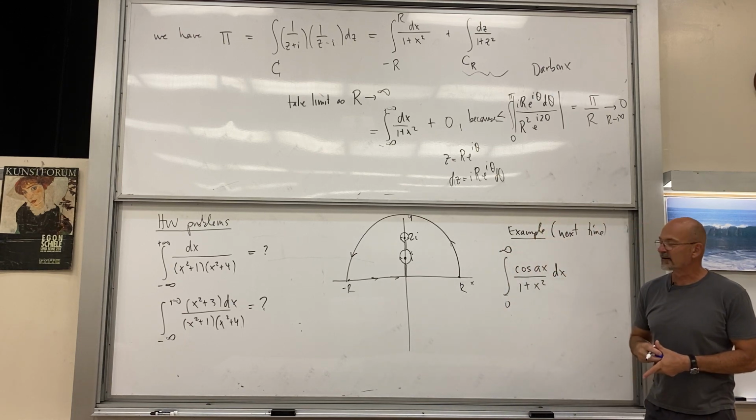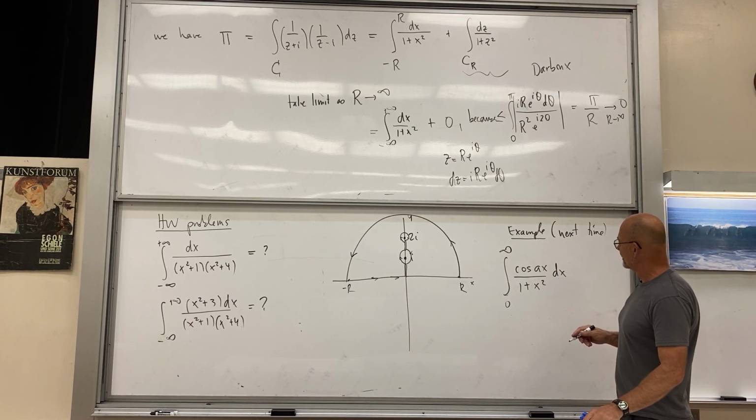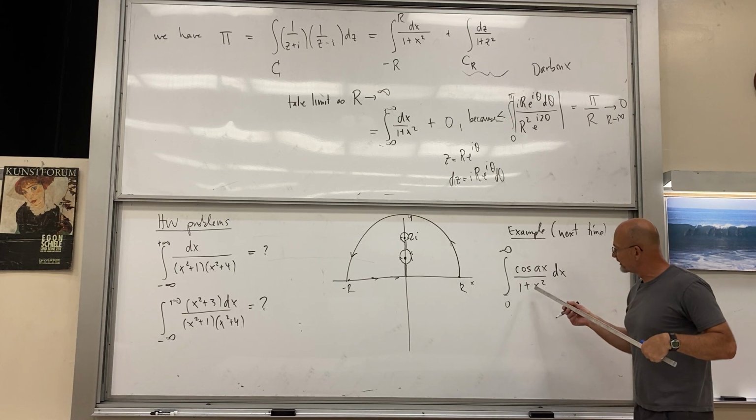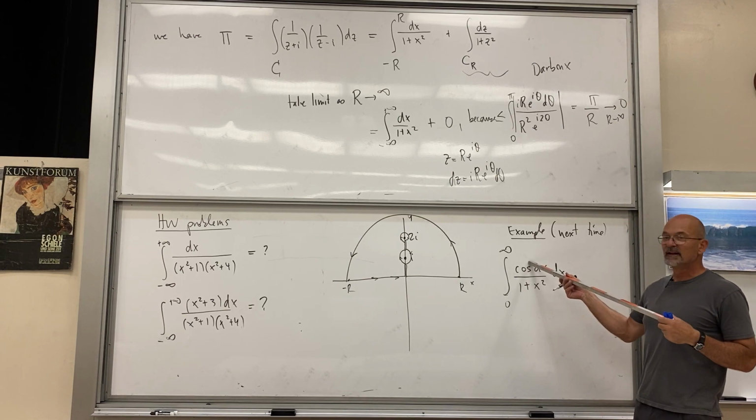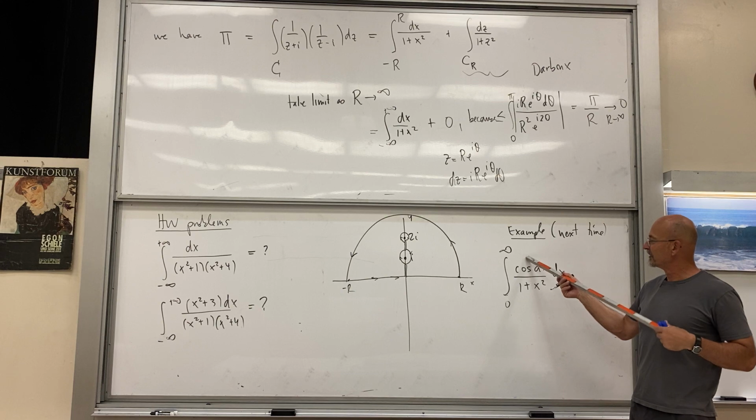That looks like a nicely posed problem, and in fact it seems like we would get the same estimate, because the cosine is very bounded, right?